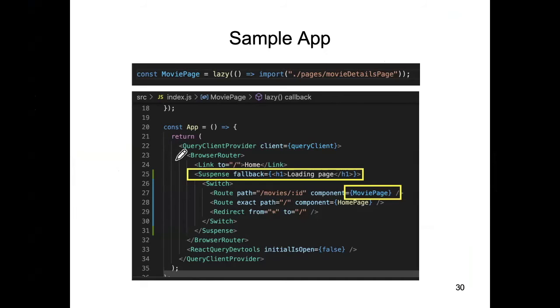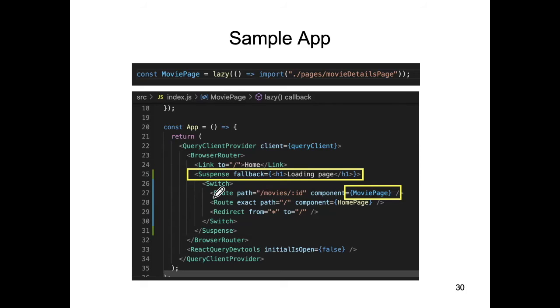And here is my component that contains my routing logic, and you're familiar with this now from Web App 2. Here I've got my suspense component, and I'm wrapping my suspense around all of the routes, and that'll still work fine.